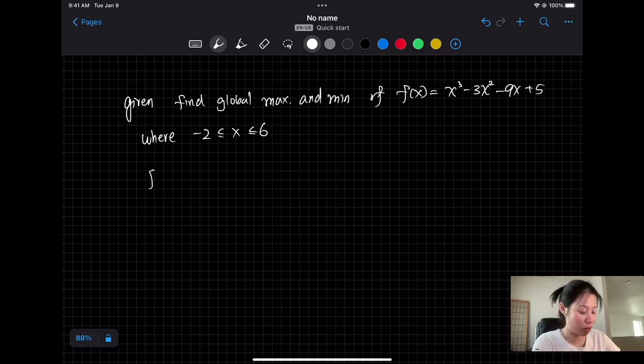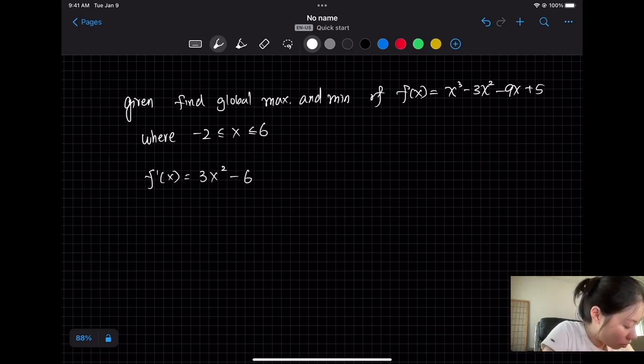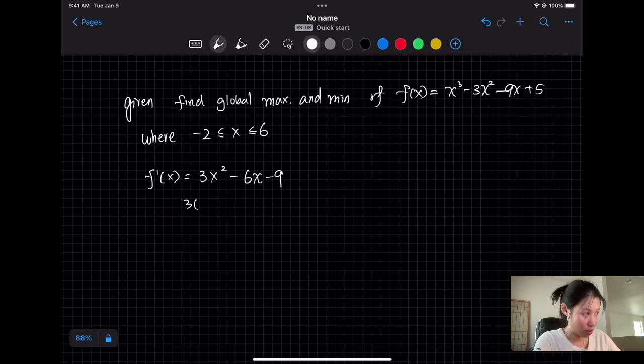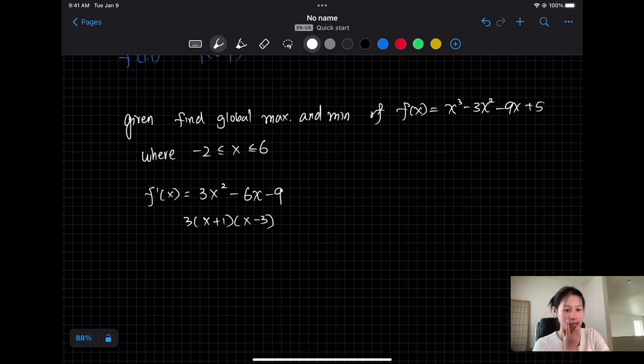To find the critical points, we need the first derivative. The first derivative of that function is x squared minus 6x minus 9, and then let this equal 0.